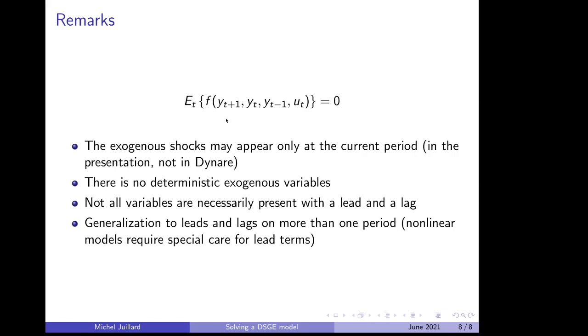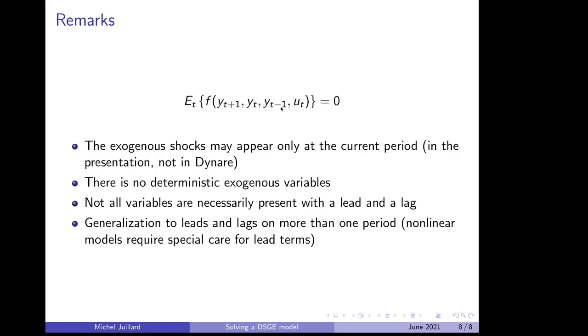And I will show you how certain restrictions implied by this notation are indeed overcome in the working of Dynare. So you see that in the way we're writing the model, exogenous shocks may appear only at the current period.